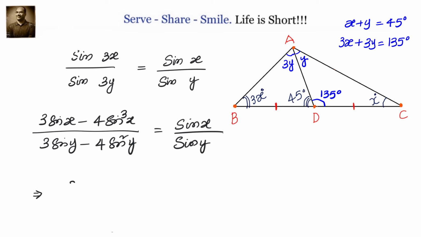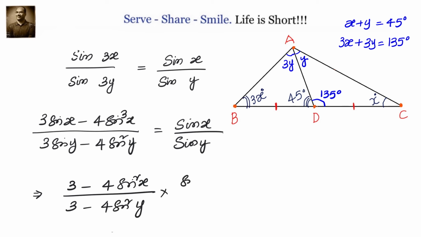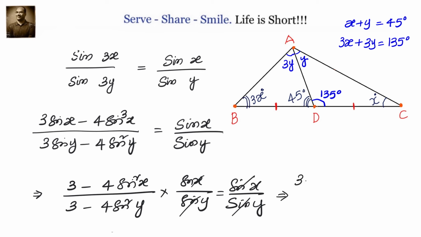We can write it as the next step: 3 minus 4 sine square y into sine y divided by 3 minus 4 sine square x into sine x. So the sine factors cancel out. What is left for us is 3 minus 4 sine square x equals 3 minus 4 sine square y.